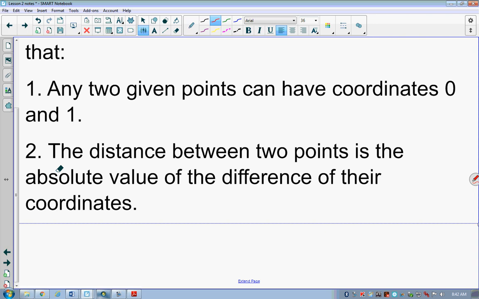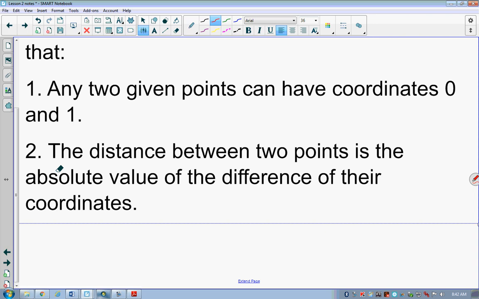But can I put 2 points on a coordinate plane and one of those points have a negative coordinate? Yeah. But is the distance between those 2 points ever going to be negative? No. So that's why we say it's the absolute value.